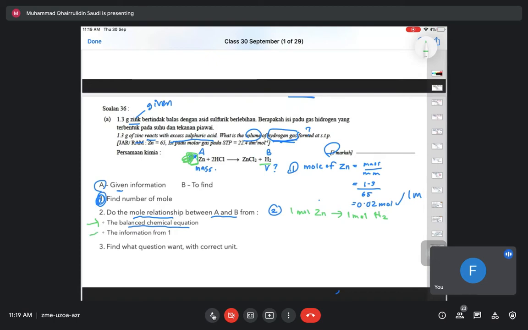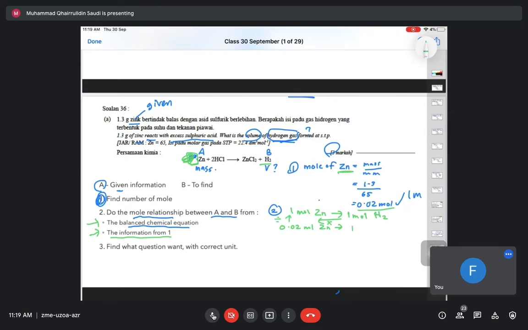Okay, sentence number 2 is from the information from number 1. The information from number 1 is about zinc, right? Write it again. So 0.02 mole of zinc will produce, here we calculate. Top multiply, bottom divide the top.